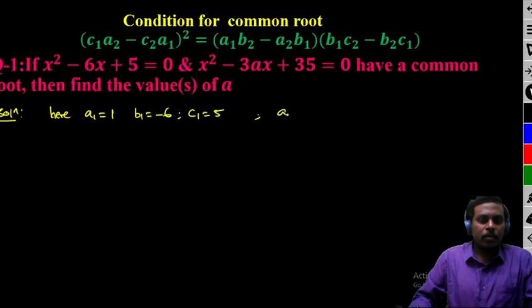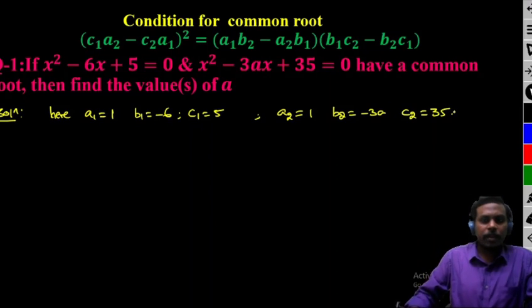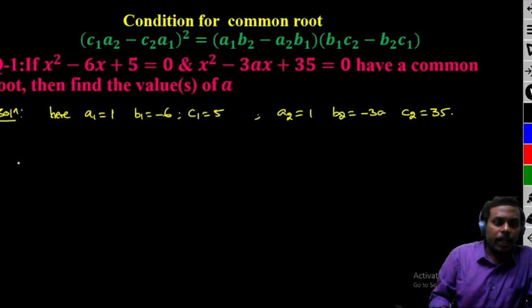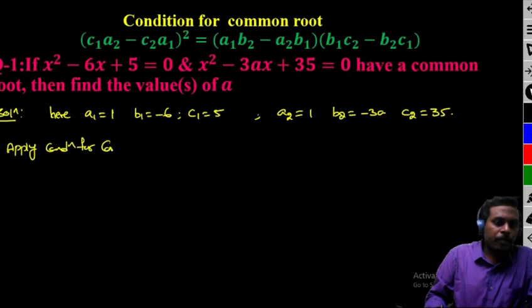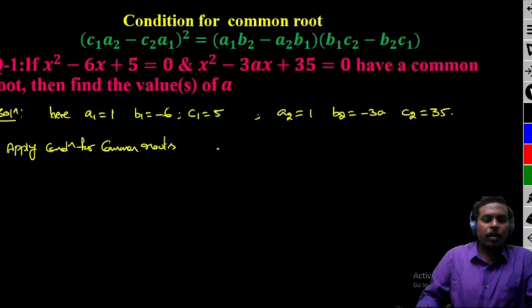Now a2 is equal to 1 and b2 is equal to minus 3a and c2 is equal to 35 actually. Now the condition for common root is c1a2 minus c2a1 whole square equals a1b2 minus a2b1 into b1c2 minus b2c1. Now let us substitute these values in that condition.